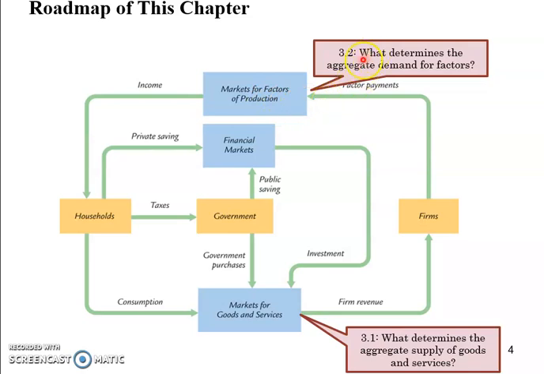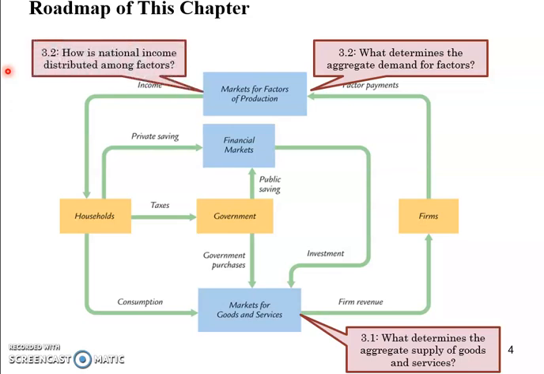We're going to talk about what determines the aggregate demand for factors in the second section of this chapter. Once we understand the aggregate demand, we would be able to know how much money the households can make by providing land, labor, and other things to the firms.